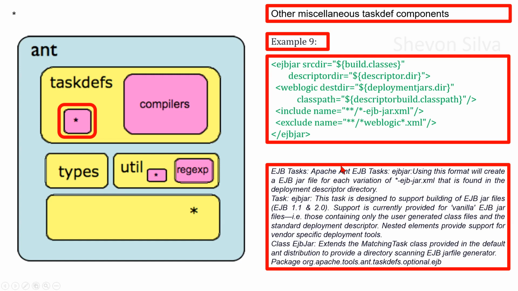In this example, EJB jar is being used to generate deployment jars using the WebLogic EJB container. This example requires the naming standard to be used for the deployment descriptors.